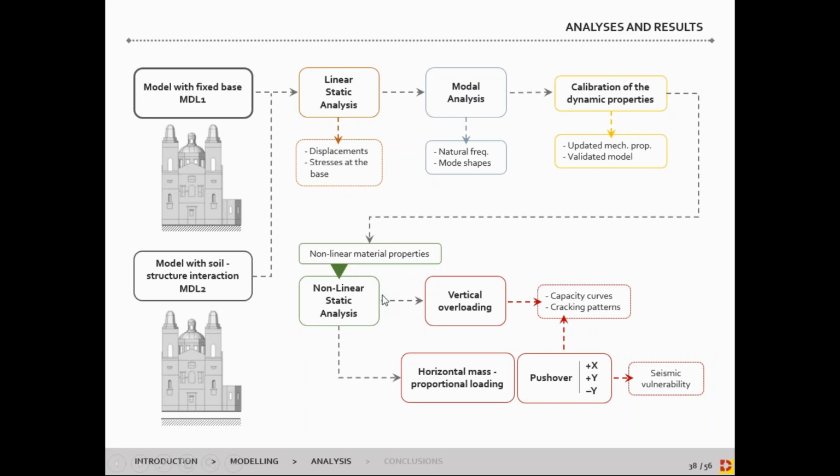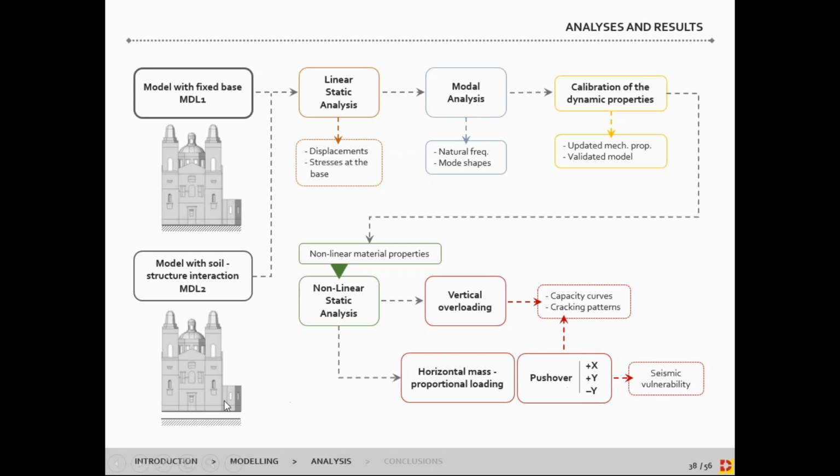So we did one analysis for the self-weight of the structure, and then we increased the load vertically to check the vertical capacity of the structure, and on the other hand we load the structure horizontally in a monotonic way. So nonlinear static analysis, or also pushover in different directions.